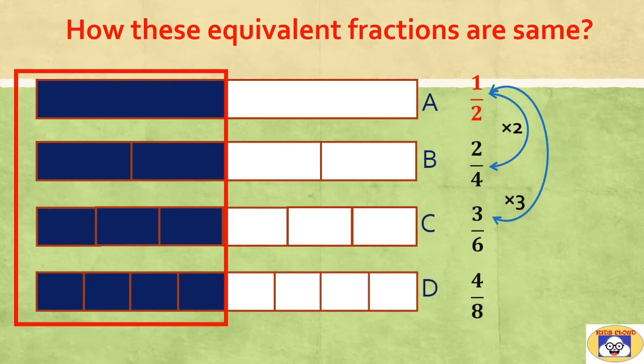In a similar way, if you multiply with 4, 1 by 2 changes to its equivalent fraction 4 by 8. This indicates that by multiplying the numerator and the denominator of any fraction with the same number, we are not changing its value, though the fractions appear different.